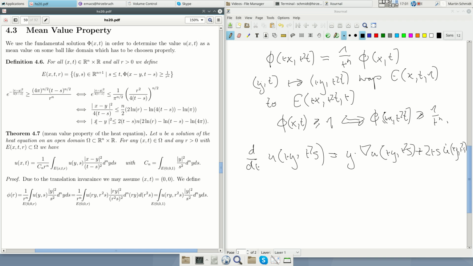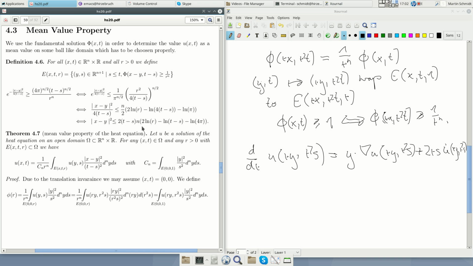you should keep in mind that in our situation x is 0 by translation. I forgot to mention it. Of course, the heat equation is translation invariant, so we may shift everything to the origin, so we set x and t equal to 0. So then x is 0 and t is 0.